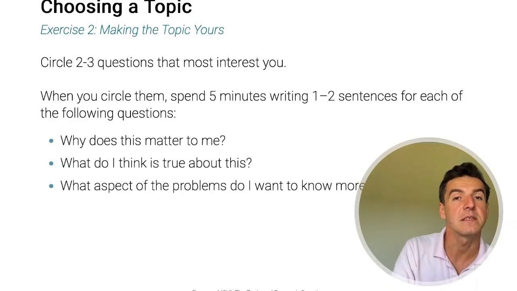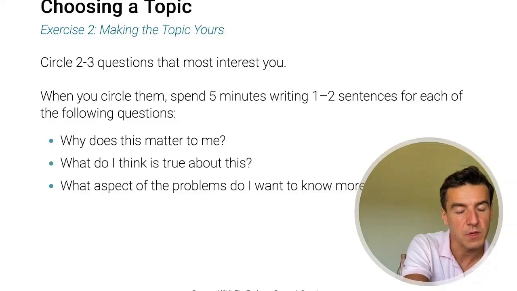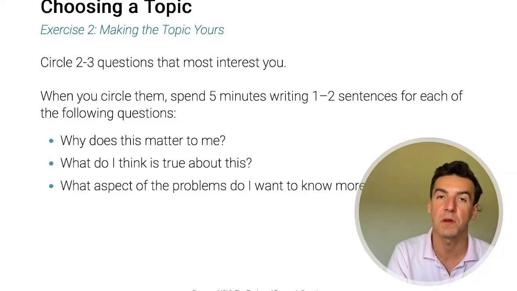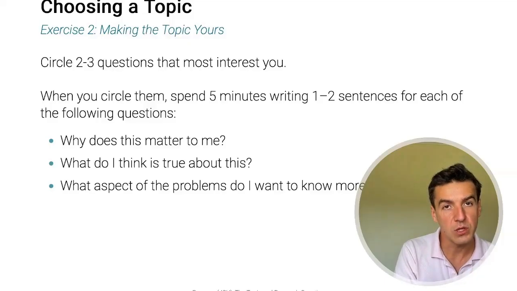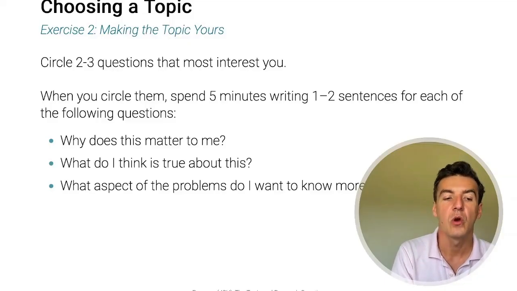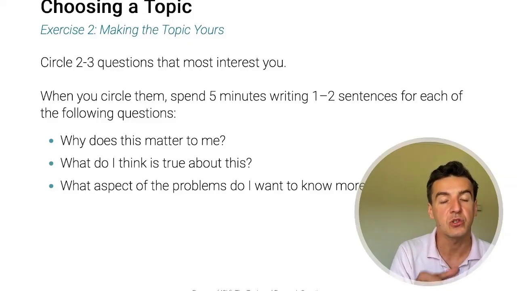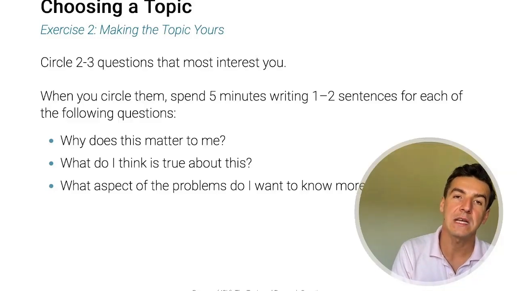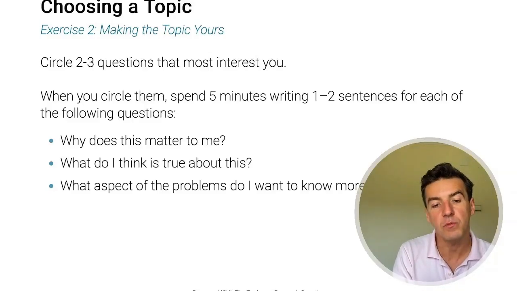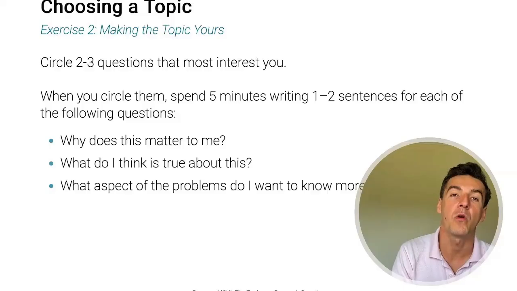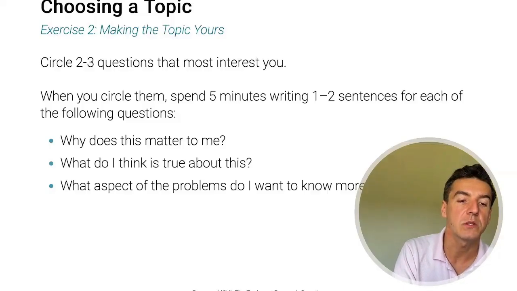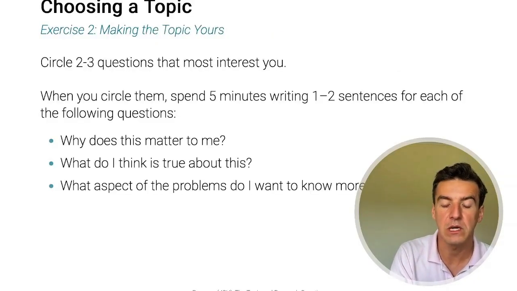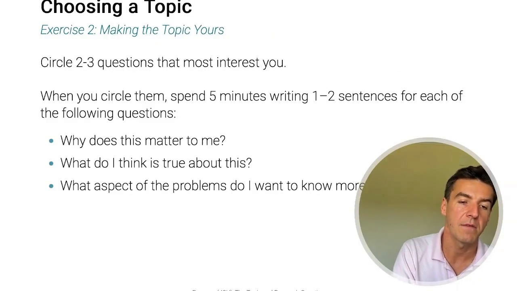This is another exercise in which you spend 5 minutes trying to explain why that question matters to you, what you think is true about that topic, and what other aspect of the problem you'd like to learn more about. Feel free to pause the video and spend 5 minutes on this.